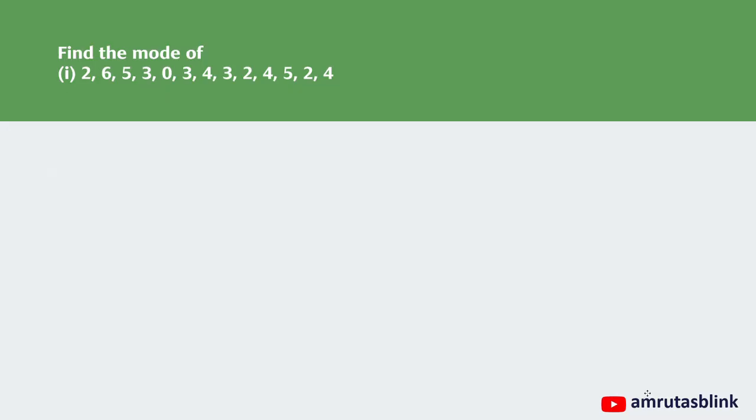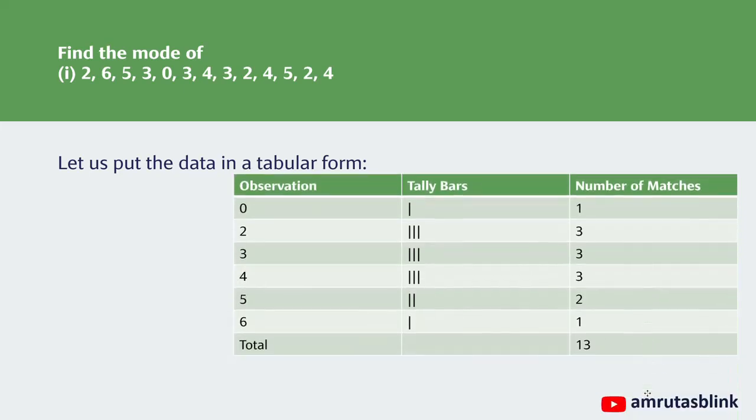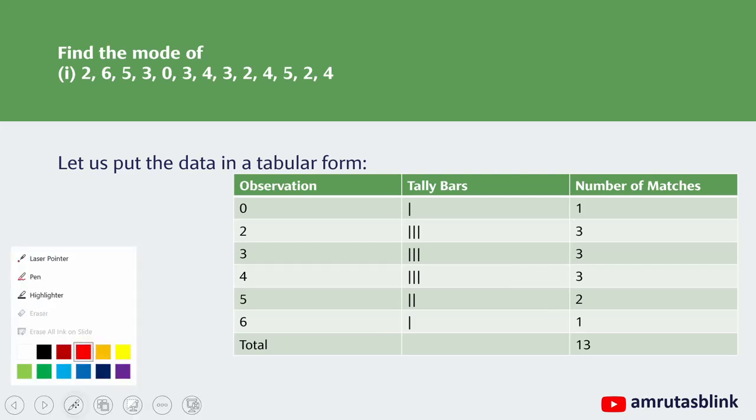Find the mode of 2, 6, 5, 3, 0, 3, 4, 3, 2, 4, 5, 2 and 4. Now we'll create the table. First column observation, second column tally bars, third column number of matches. For 0, it has occurred just once. So 0, tally bar 1, number of matches 1. There is no entry of 1, so we need not write 1.